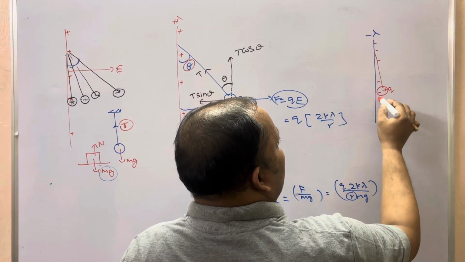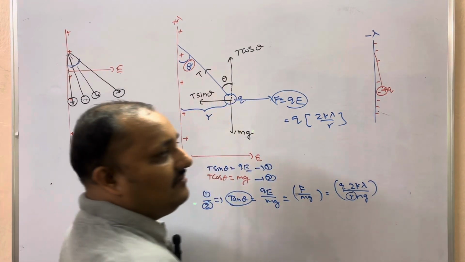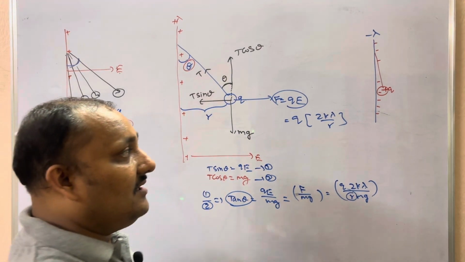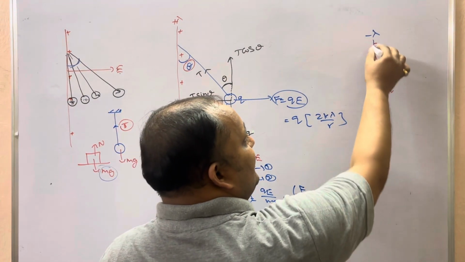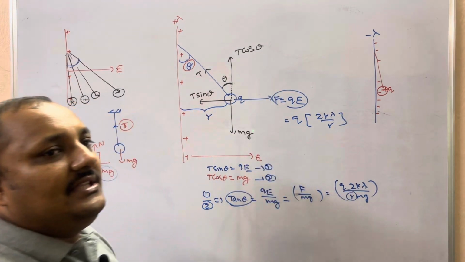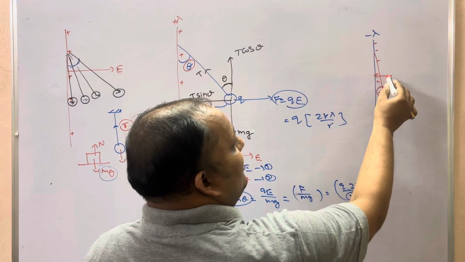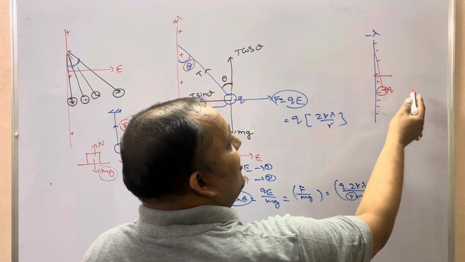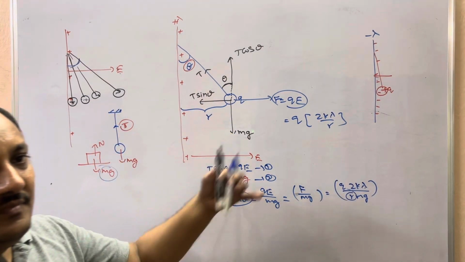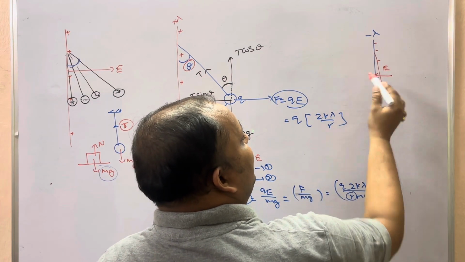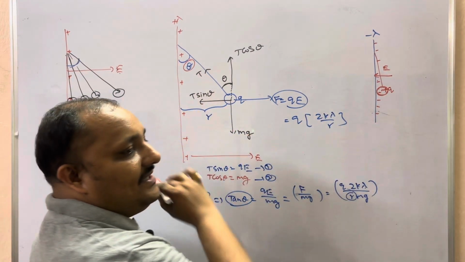How much angle is it going to make? They may give this option, but this is negative and this is positive, so it will not make any angle. It will stay there only. It will not move like this, because a positive charge always moves in the same direction as the electric field. Therefore it is already here, and it cannot move this side.